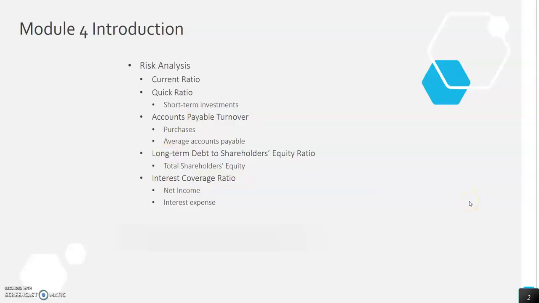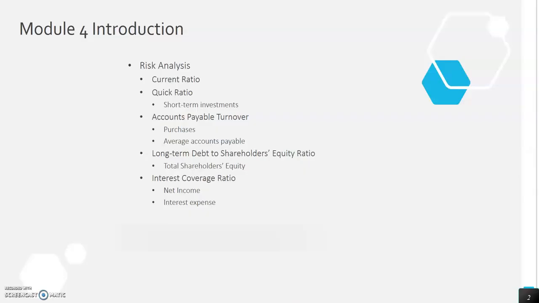Now, just like before, I'm going to go through these very briefly just so that I can point out some key points of these 5 ratios that I think might give you trouble. The current ratio, I do not think you will have any trouble with. The one thing I could point out is that this does say ratio, so this will be presented in the form of a decimal. I have a lot of people who try to submit this as a percentage, which isn't necessarily a bad thing.